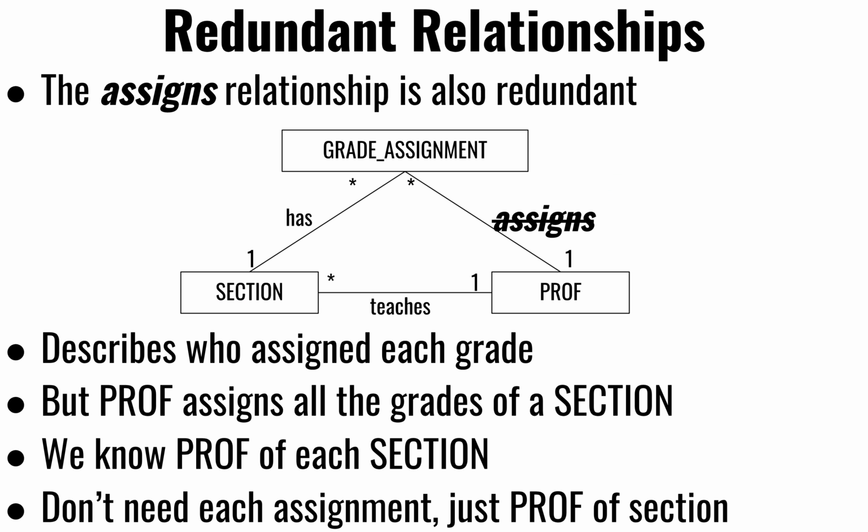In this one, the question was, can I answer who assigned the grade? That was a query. Can I know who the professor is that assigned the grade? Yes. With that question, that assigns is redundant. If I have a different question, then that assigns is not redundant. So it depends on the question.